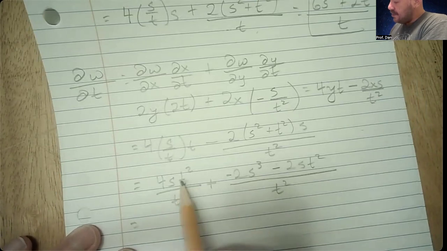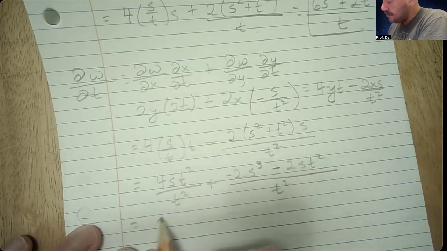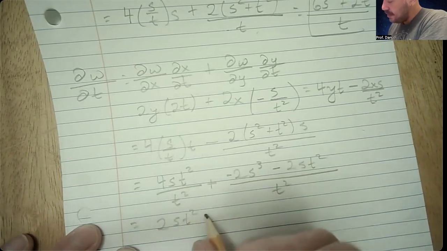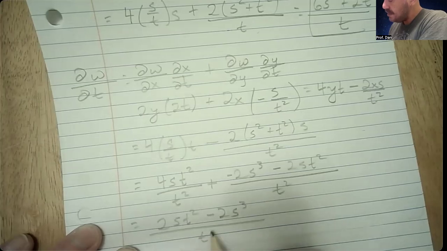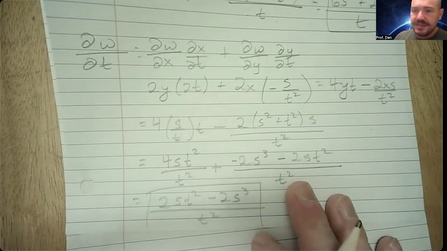And then I see I have two like terms I could combine. So that's going to leave me with 2st squared minus 2s cubed over t squared. And that would be the partial with respect to t.